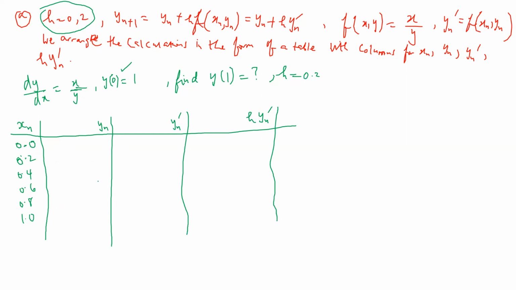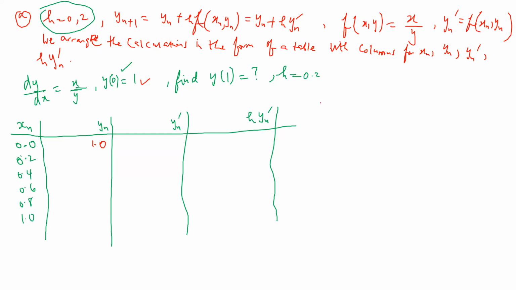Let's start filling in the values. We're just practicing with this one. So we have the following. We shall use our calculator. Right. What is y0? y0 is 1. So we shall put here 1.0, to 1 decimal place for consistency. So what is the next one?